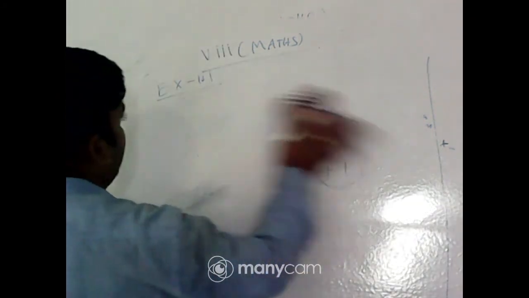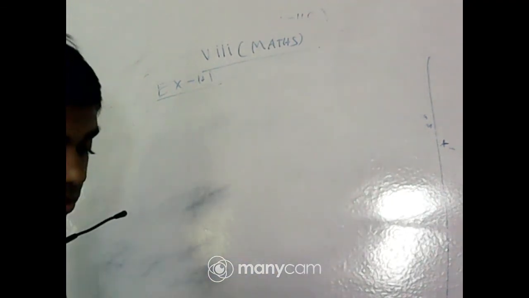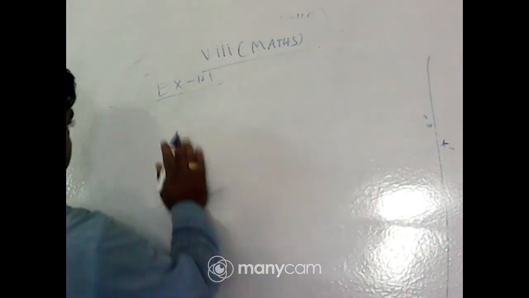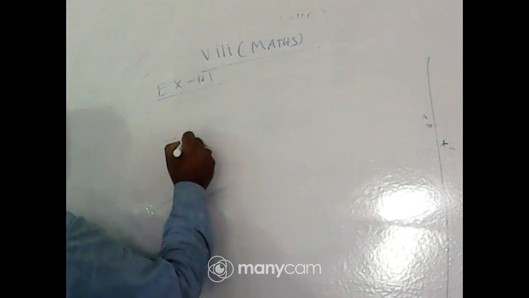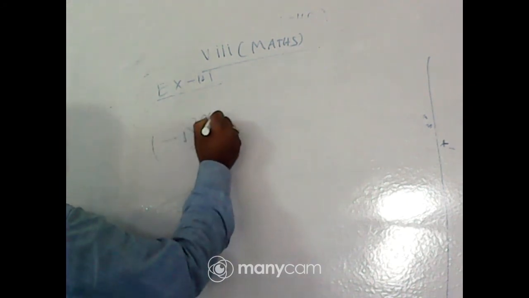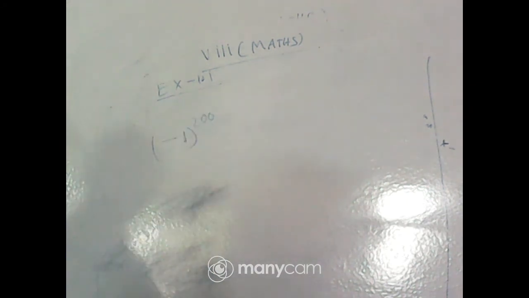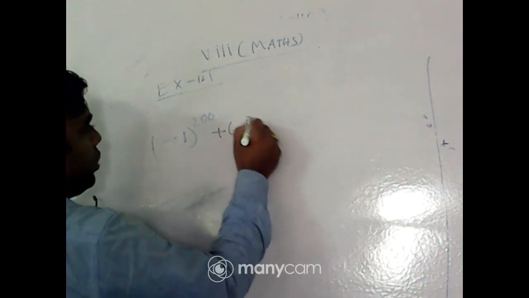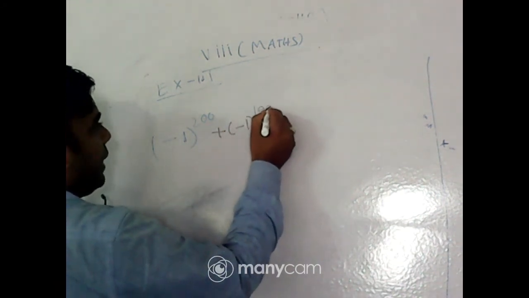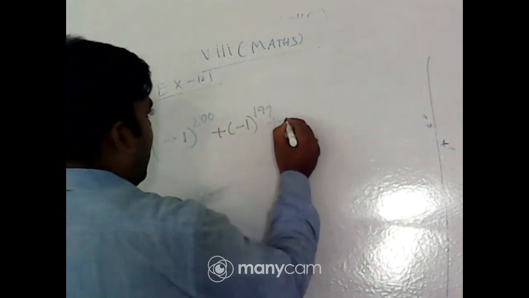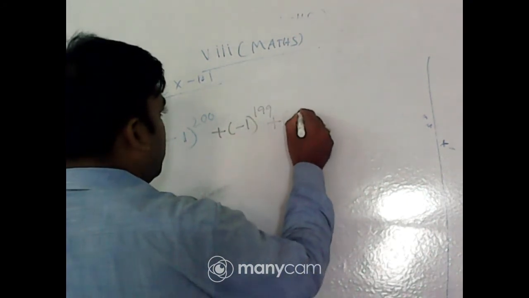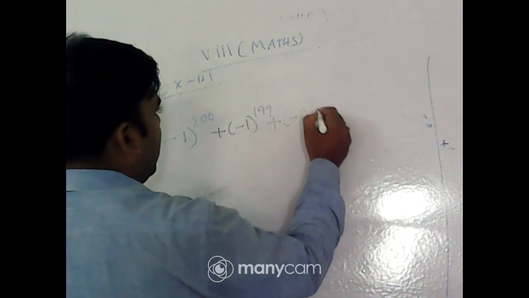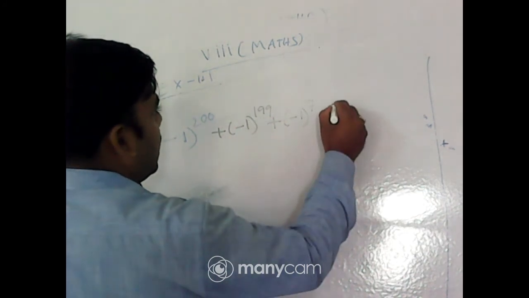Last question for today's class. Minus 1 whole to the power 200, minus 1 whole to the power 199, minus 1 whole to the power 7 plus 2.